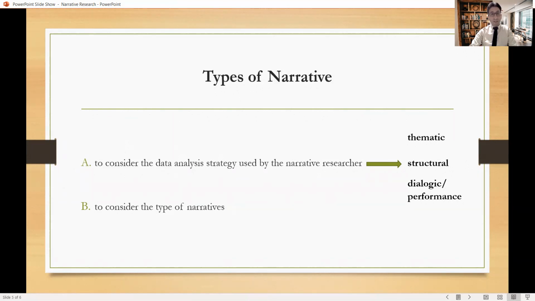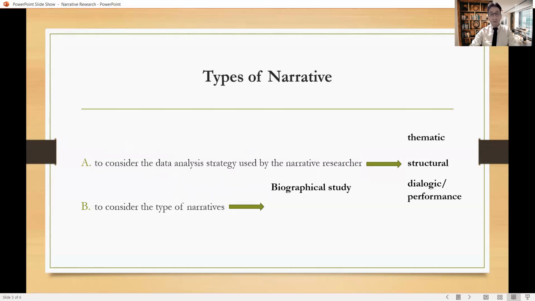The second line is to consider the type of narratives. We have a variety of topics or types, but here we just focus on 4 main types. It can be biographical study, which is the form of narrative study in which the researcher writes and records the experiences of another person's life.